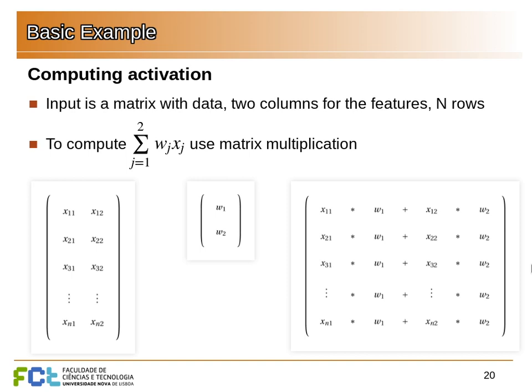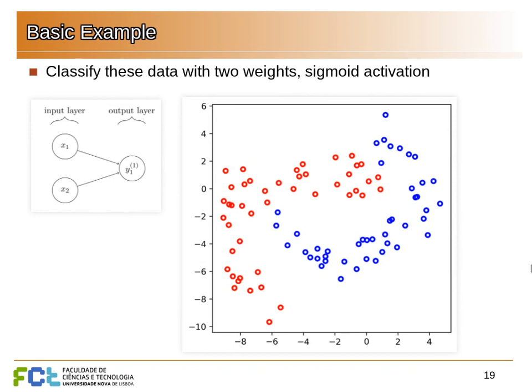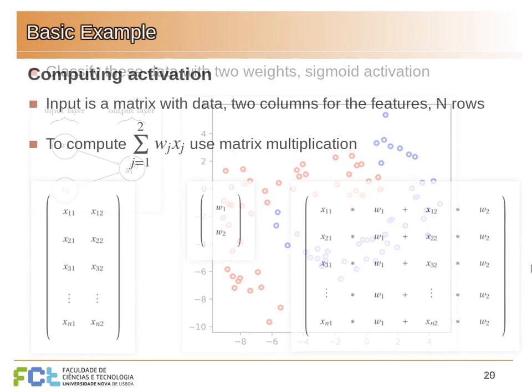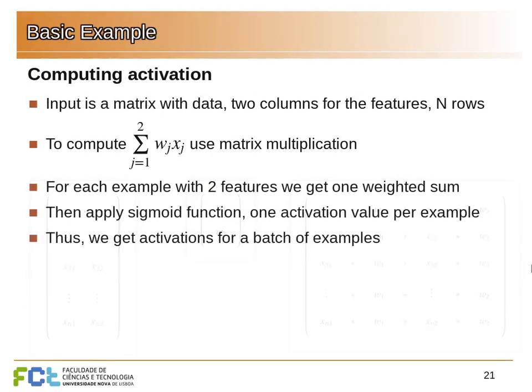So if we multiply the coordinates of all the examples by the column vector with the weights, we get for each example the weighted sum that enters into the activation function. Then we can apply the activation function and get the result of the neuron for that.